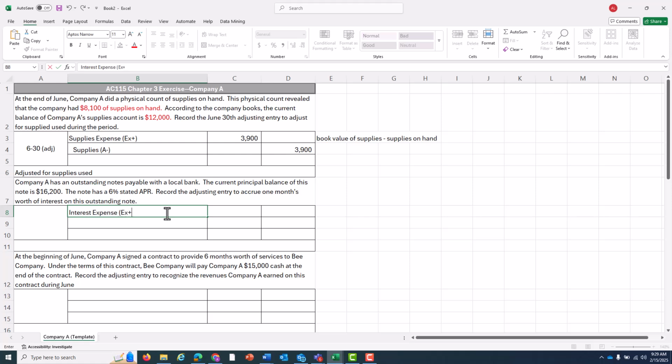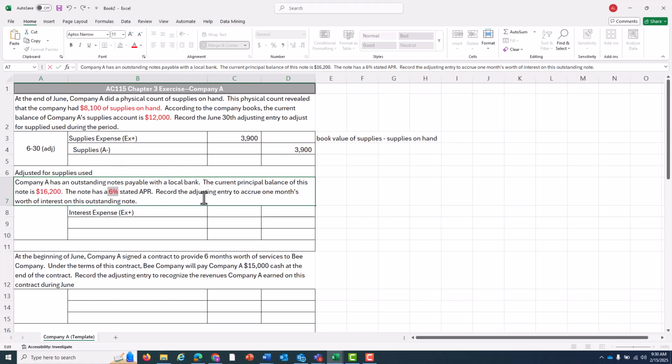But how much expense, how much interest is accumulating on this note during the month we are adjusting for, which is June? Well, to do that, we're going to use the standard interest formula. We need 3 things. We need how much was owed on the note. And it says right here, the current principal balance of the note is $16,200. We need to know the agreed upon annual percentage rate, and our stated APR is 6%.